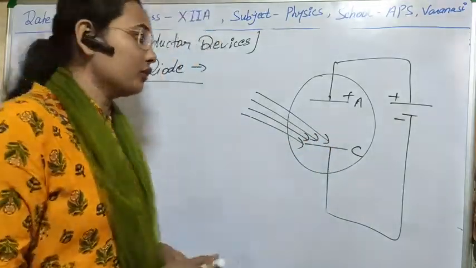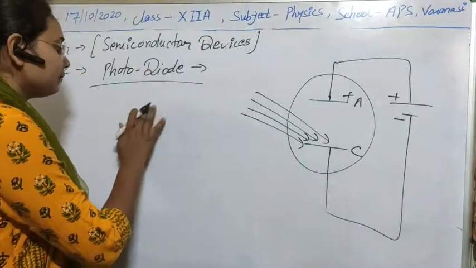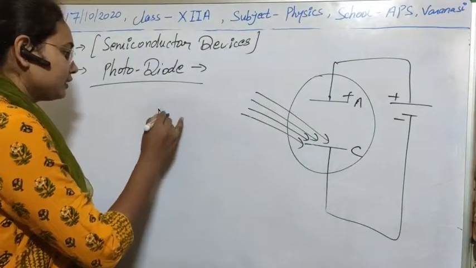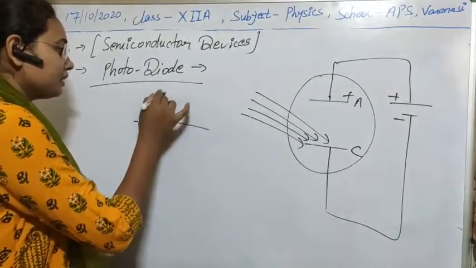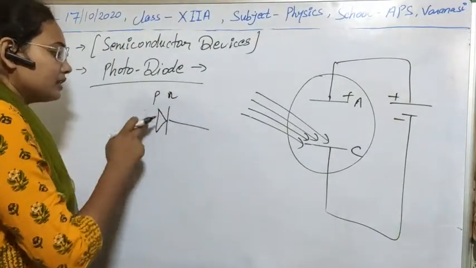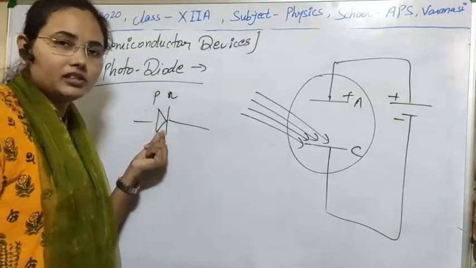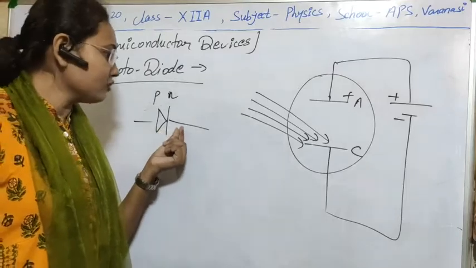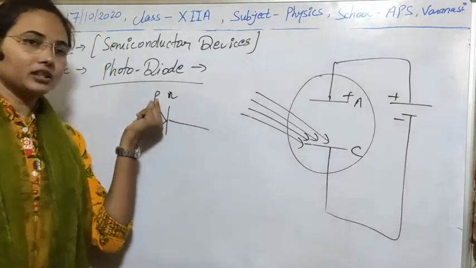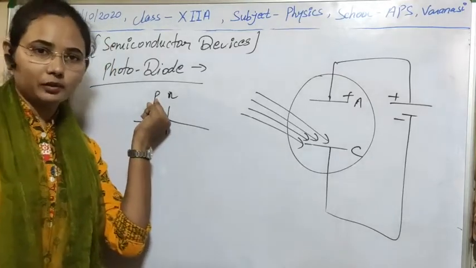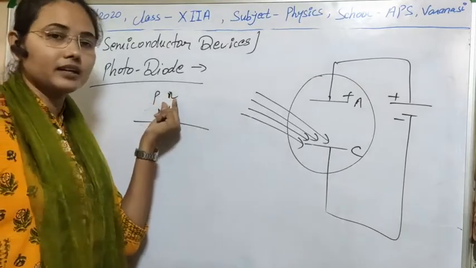In the case of a photodiode, as you know, this is the P terminal and this is the N terminal. The P terminal acts as the positive charge terminal and N as the negative charge terminal, because here the majority carriers are positive charge carriers and here the majority carriers are negative charge carriers.